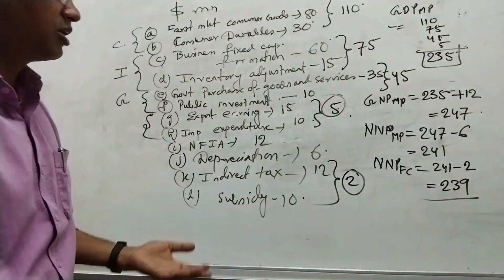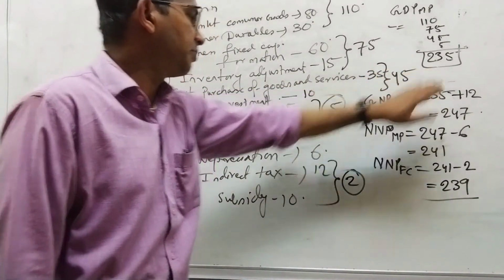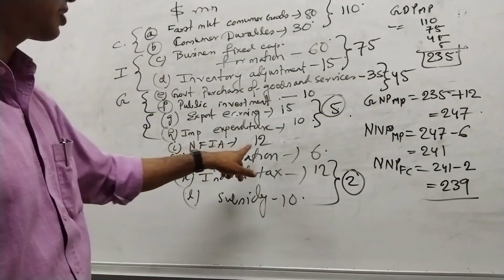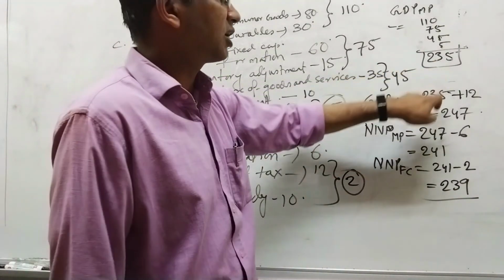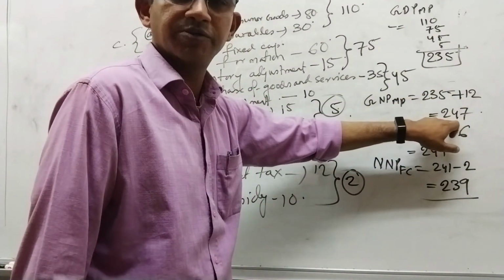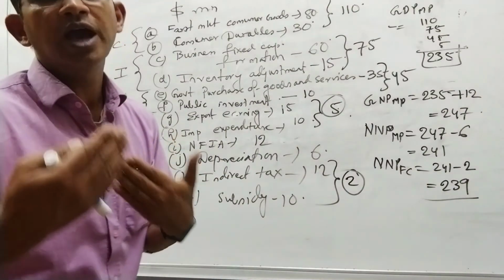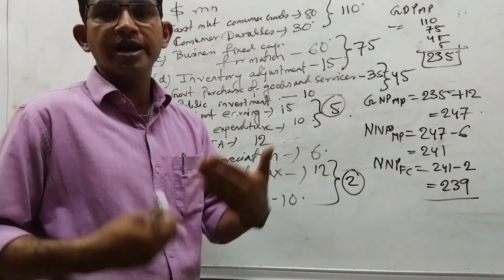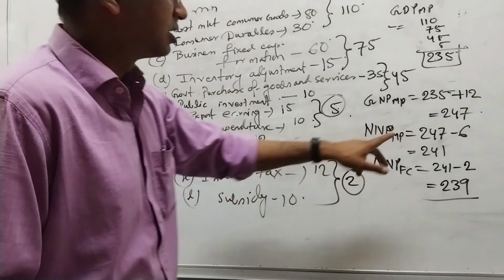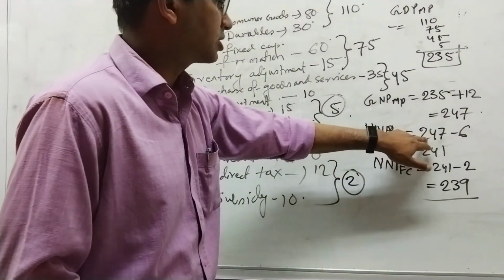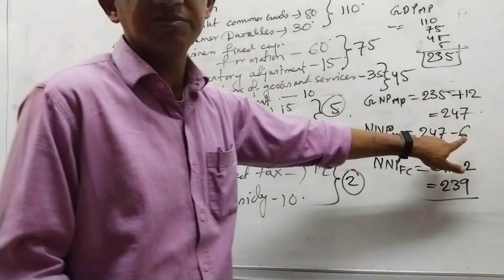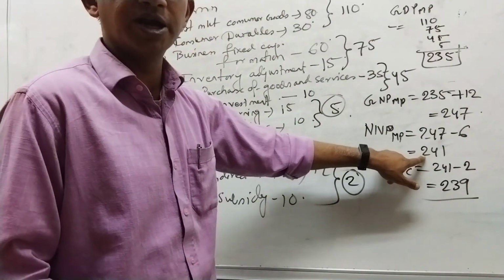In second stage, what do we do? With GDPMP, we have to add the net factor income from abroad. So 235 plus 12 equals to 247. And third stage, what we have to do? From gross value, we have to find out the net value, net national product at market price. So what we have done here, 247 minus depreciation equals to $6 million, which is $241 million.